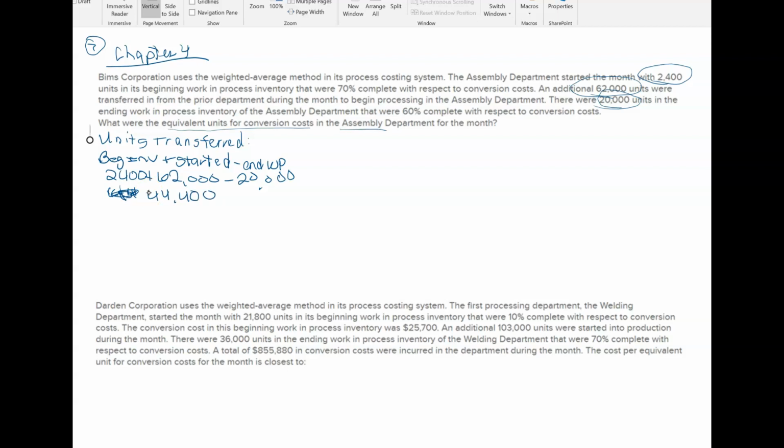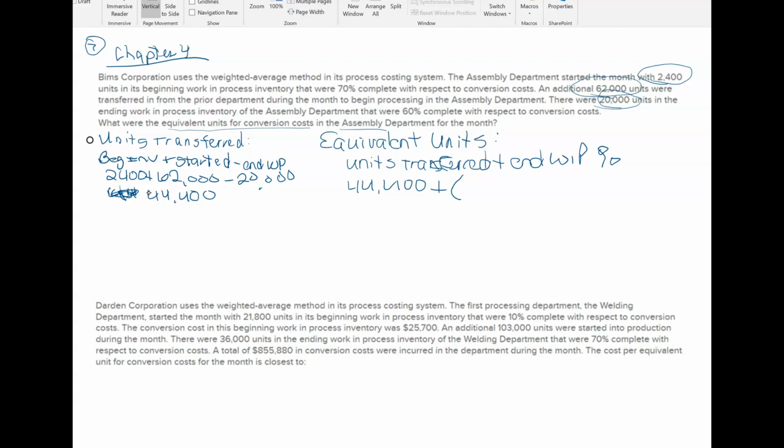Now that we know the units that were transferred, we can calculate the equivalent units, because the equivalent units here are the units transferred plus the ending work in process percentage, the percent complete. The units transferred is 44,400.